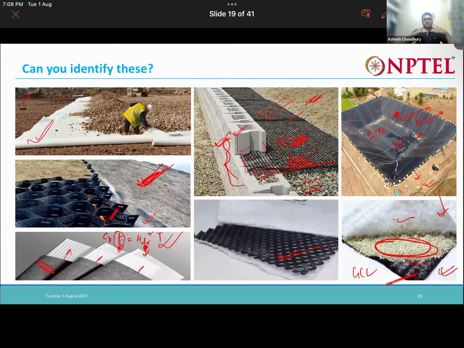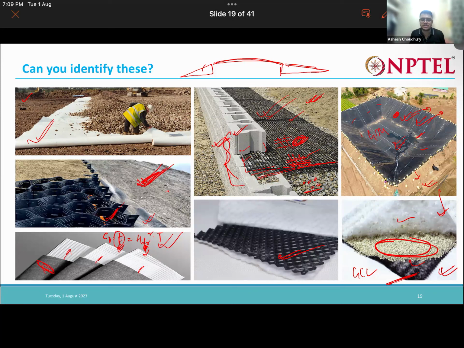So say this is the flyover. This was completely an RCC structure, and it was decided that the approaches would be made with reinforced earth structure. So how was it reinforced? These were made with nothing but the use of geogrids.